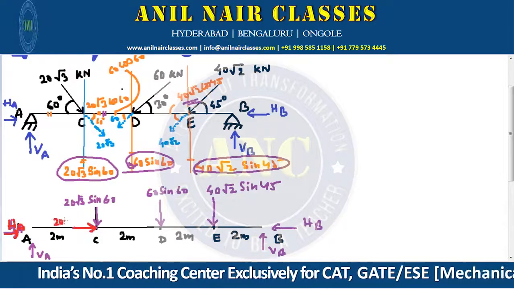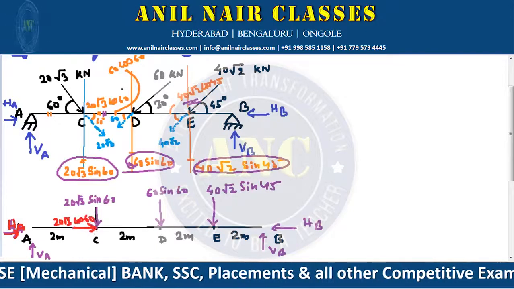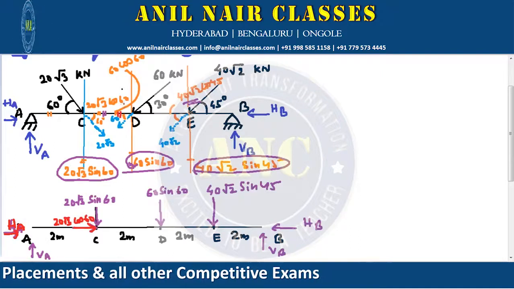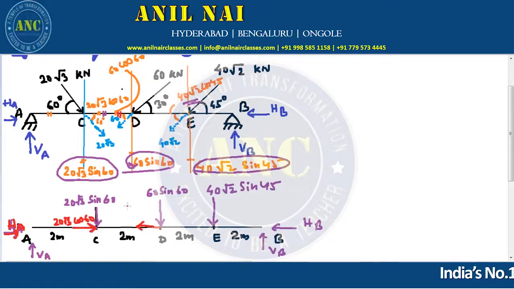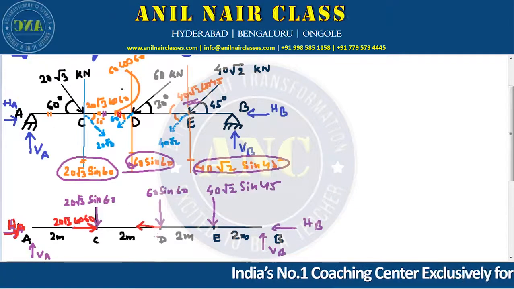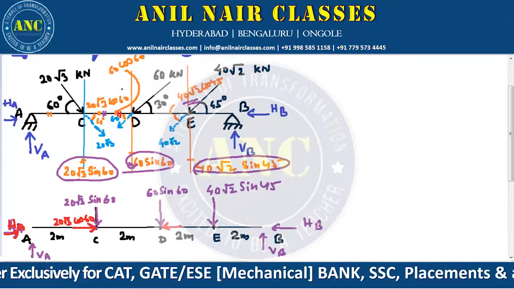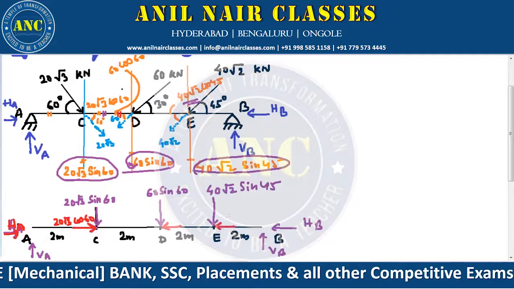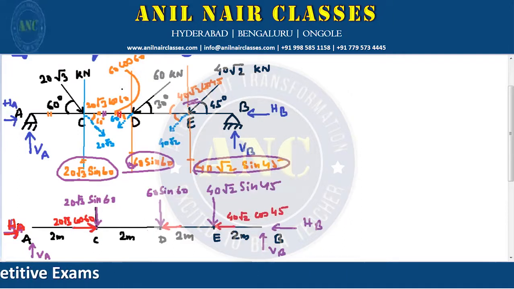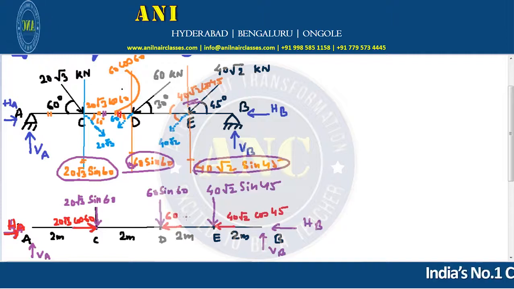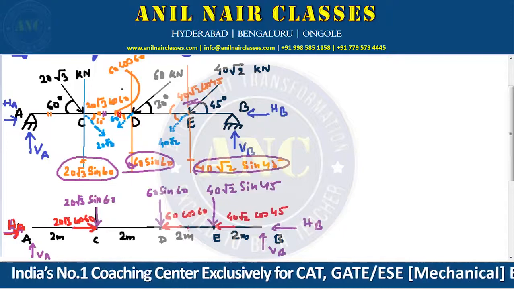This is 20 root 3 cos 60. Then this is in the second and third quadrant. Similarly here also, this is in this quadrant. This is 40 root 2 cos 45, whereas this is 60 cos 60, correct?